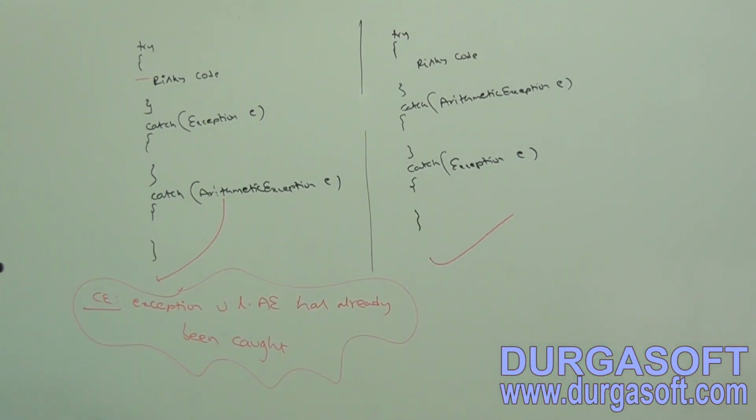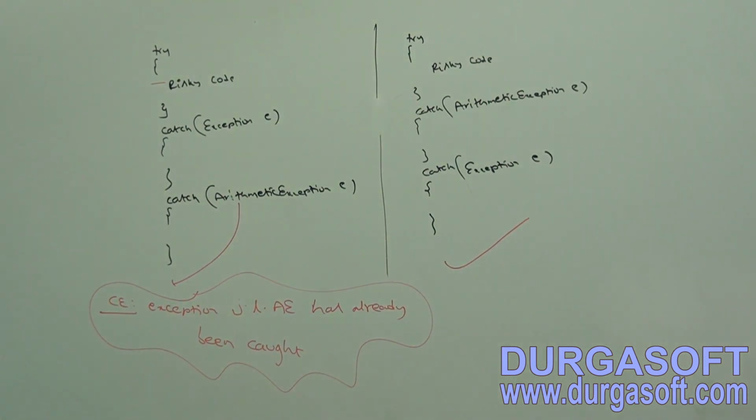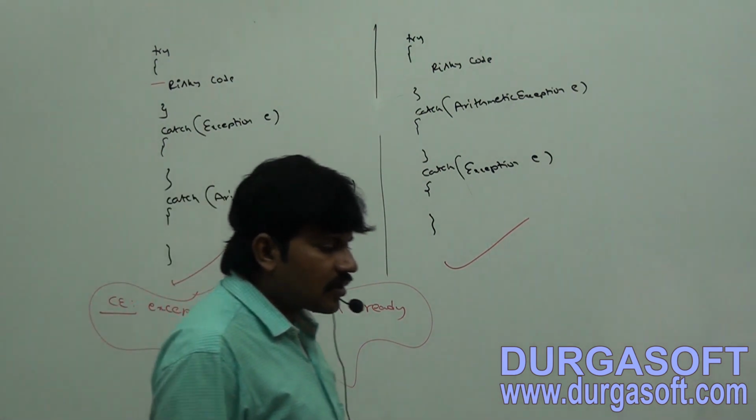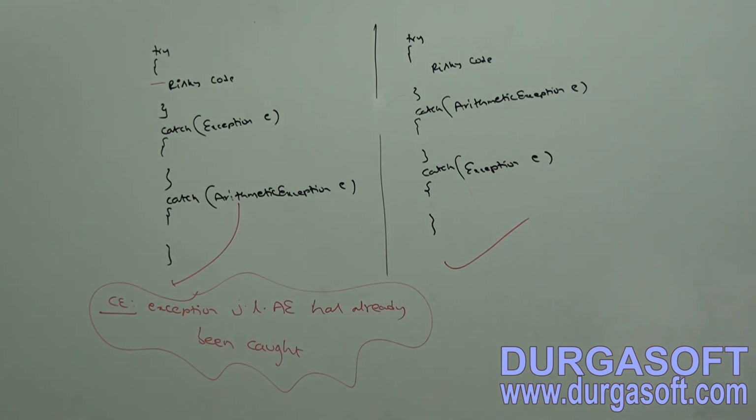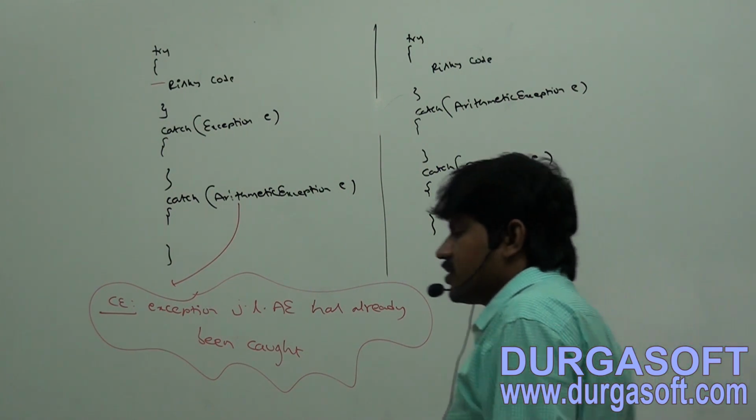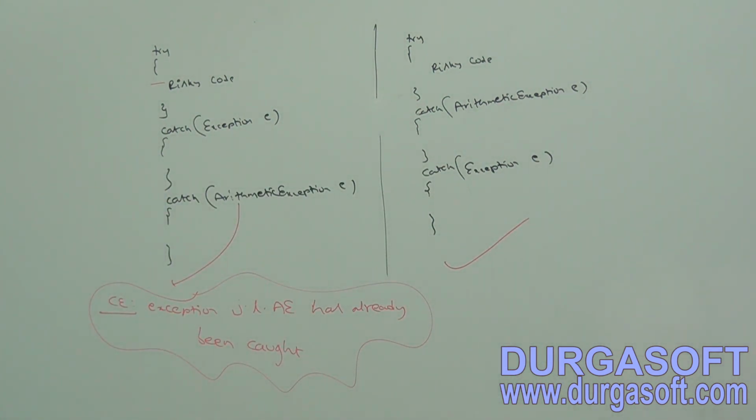Take this example: try, risky code, catch block with Exception, next catch block with ArithmeticException. Here you can see that compile time error clearly: "Exception java.lang.ArithmeticException has already been caught."